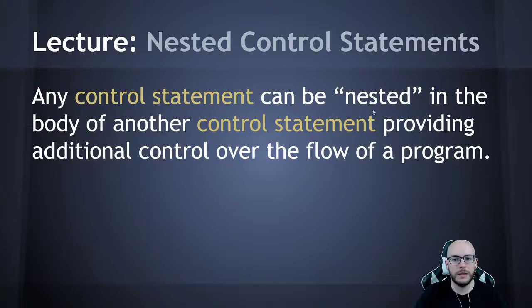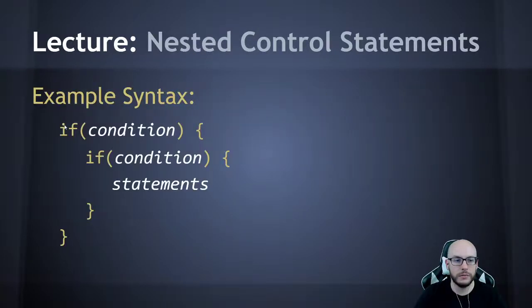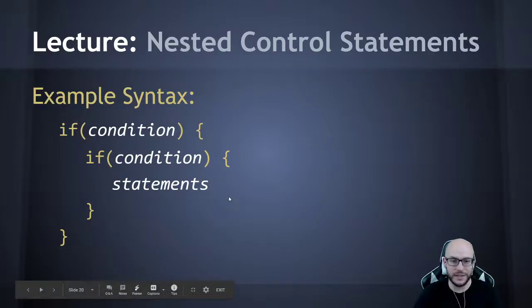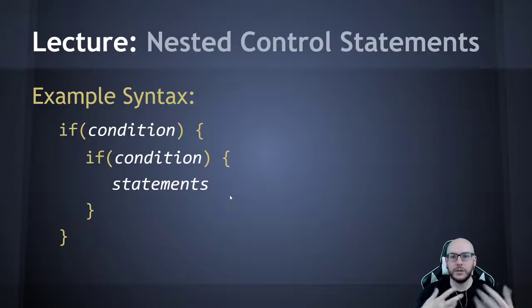Any control statement can be nested in the body of another control statement, providing additional control over the flow of a program. If statements are control statements, so here I have an if statement inside of an if statement. One thing that I like about this is that a lot of my students just naturally get to this point. I'm explicitly telling you that you can do this, but a lot of people are just like, well, sure, why not?